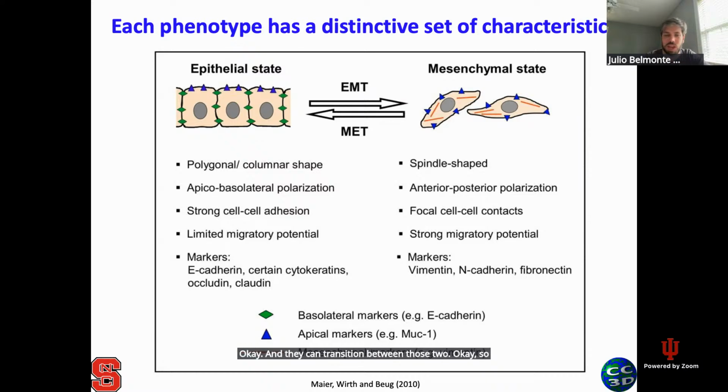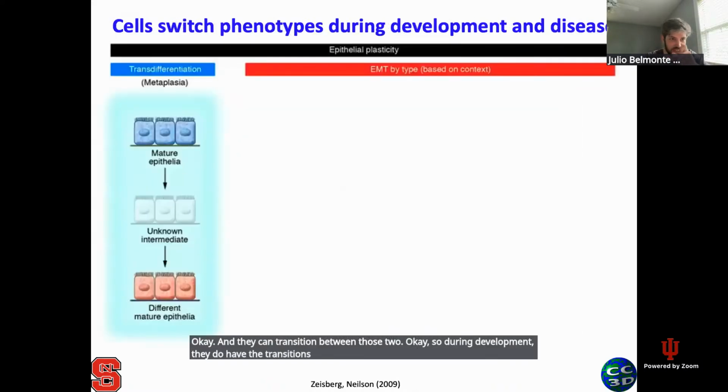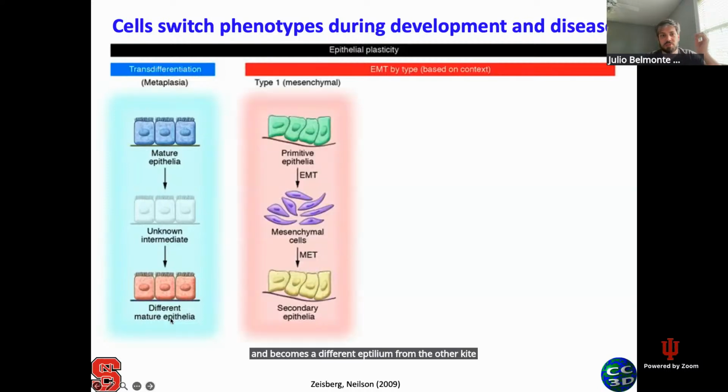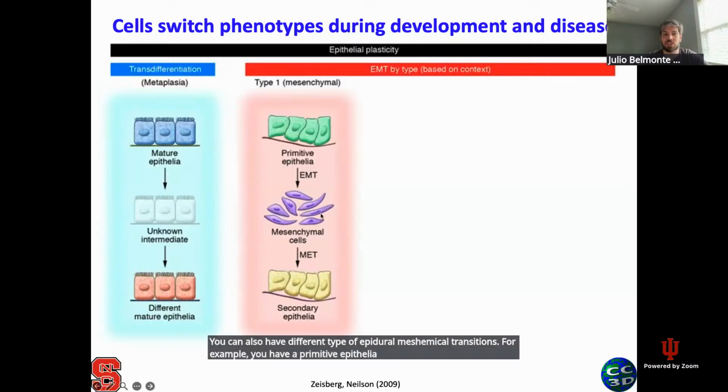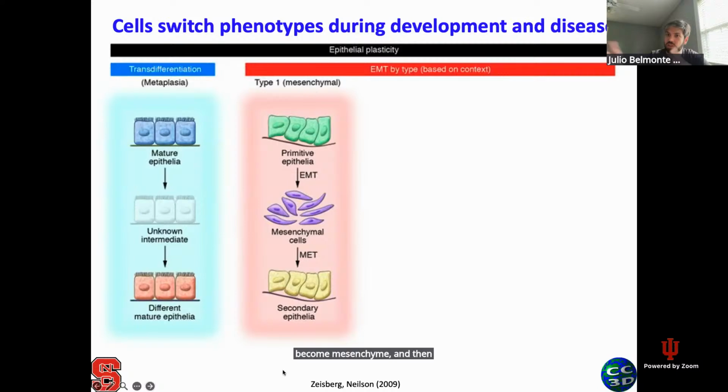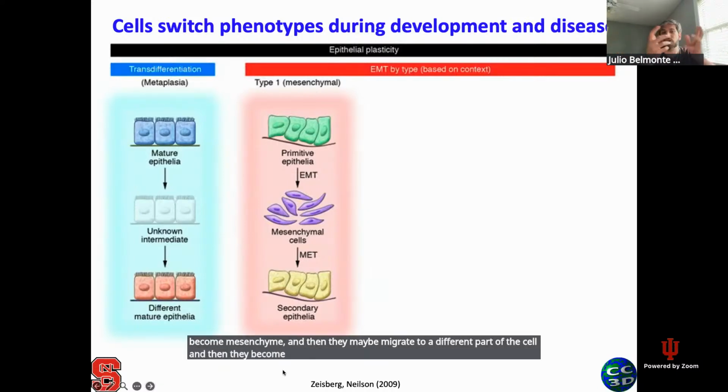During development, they do have these transitions. You can have differentiation where an epithelium of one kind becomes a different epithelium of another kind. But you can also have epithelial to mesenchymal transitions. For example, you have a primitive epithelium where the cells become mesenchyme, and then they migrate to a different part, repolarize again and form a secondary epithelium.